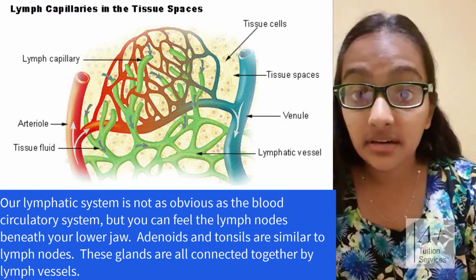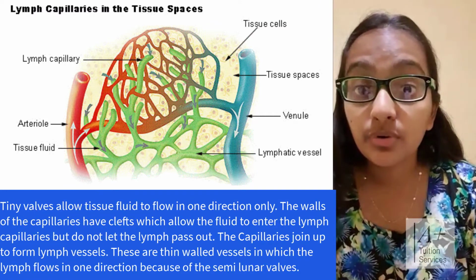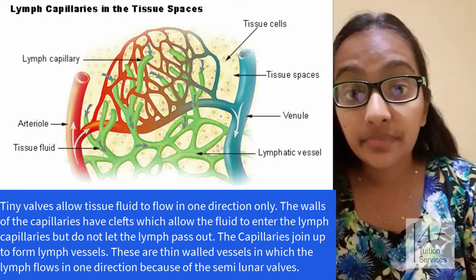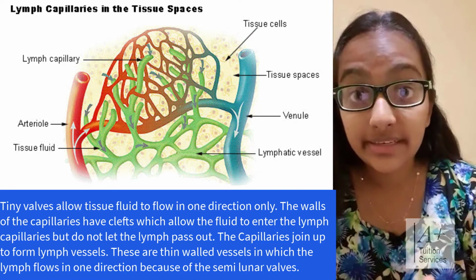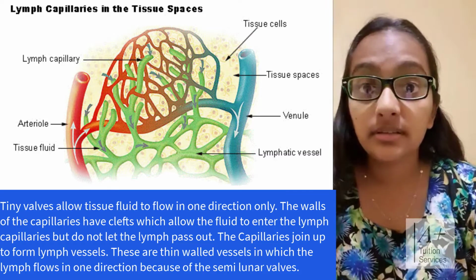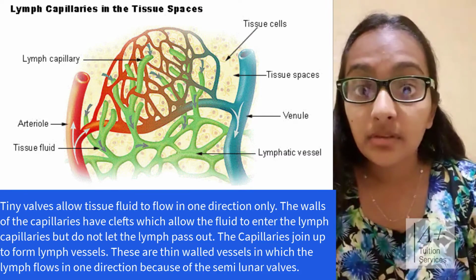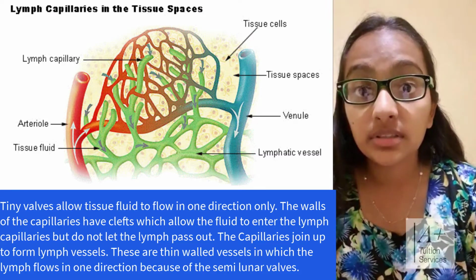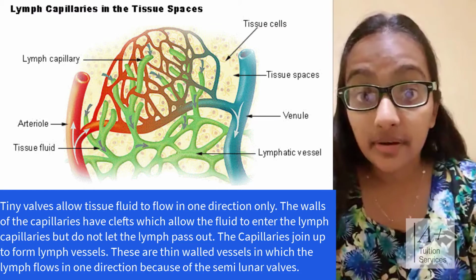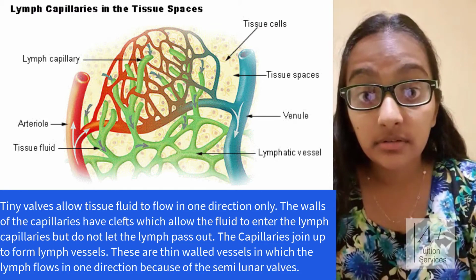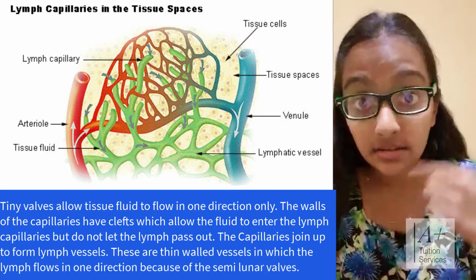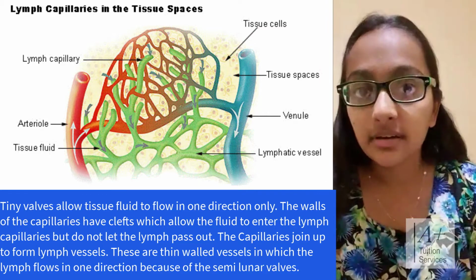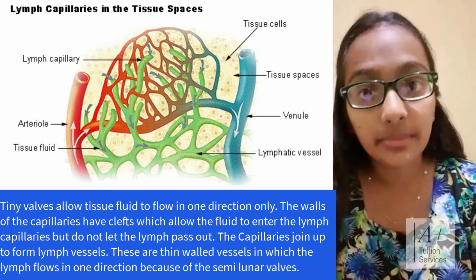Tiny valves allow tissue fluid to flow in one direction only when it enters the lymph capillaries. The wall of the capillaries has what are known as clefts, which allow lymph fluid to enter, but it cannot leave the lymph capillary. So it's like a one-way mechanism.